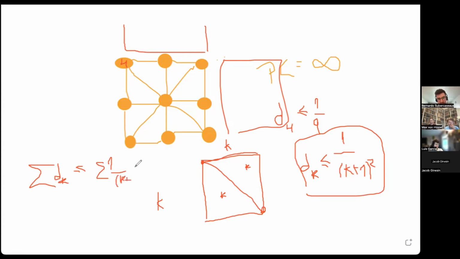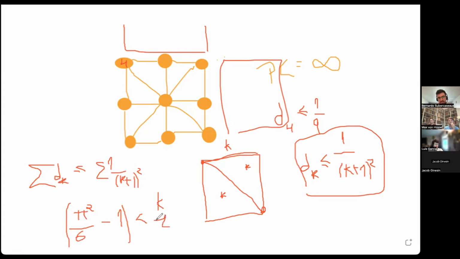And you can translate that sum to be the sum of 1 over K squared, and then subtract the first term, which would be 1. But the sum of 1 over K squared is actually the problem that Euler solved, and it's pi squared over 6. And because of the minus 1, we get that the sum of these densities is pi squared over 6 minus 1. And this number turns out to be smaller than 1.